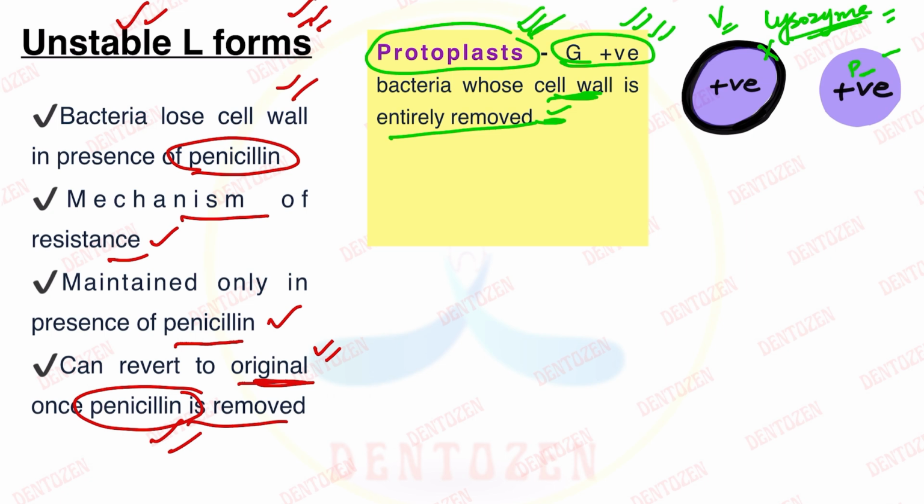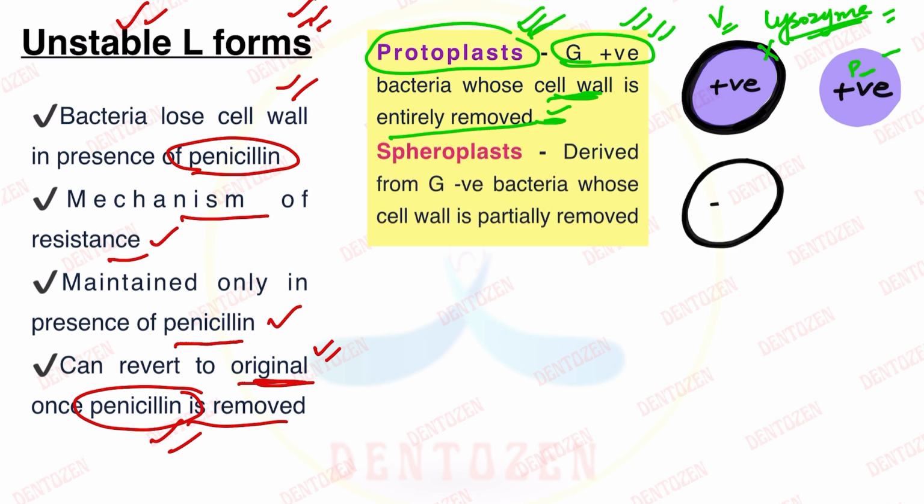Then what is a spheroplast? Spheroplast is derived from gram-negative bacteria. Gram-negative are those which take a pink or red color based on the counter stain in the gram staining. When these gram-negative bacteria are placed in such a solution containing enzyme, their cell wall is also removed, but it is partially removed. So the structure that is formed is called spheroplast.